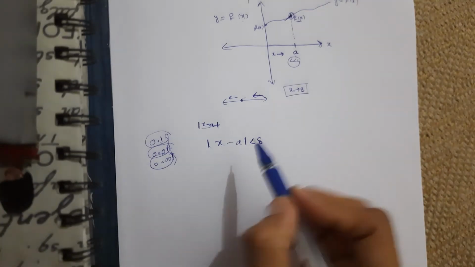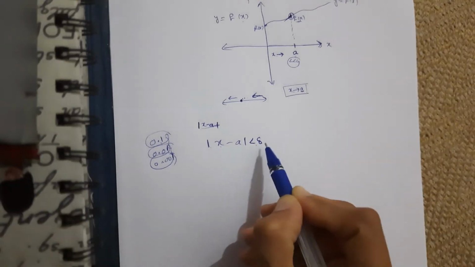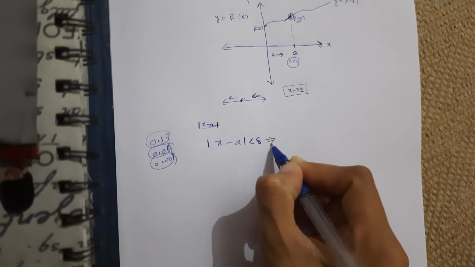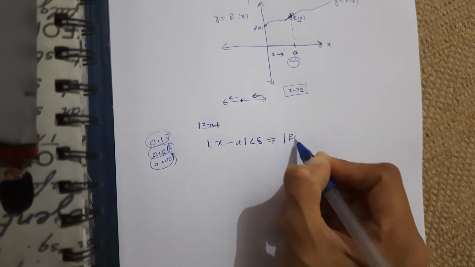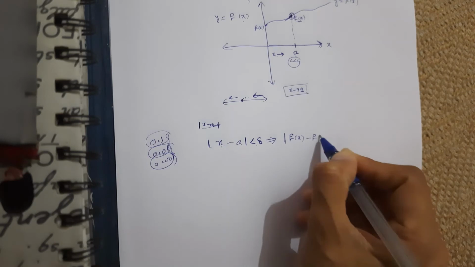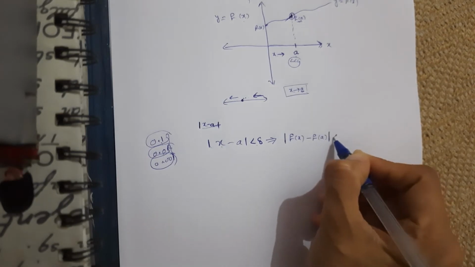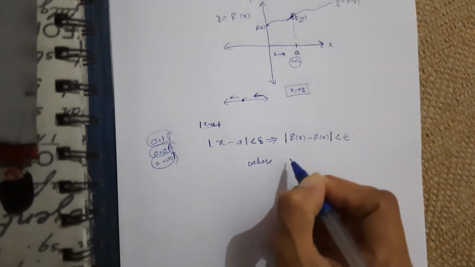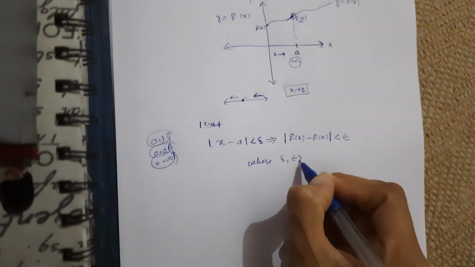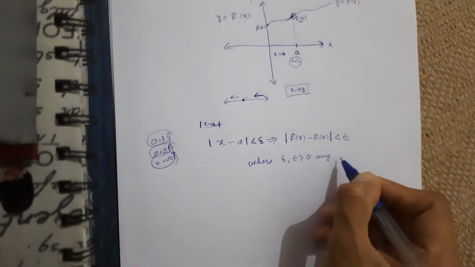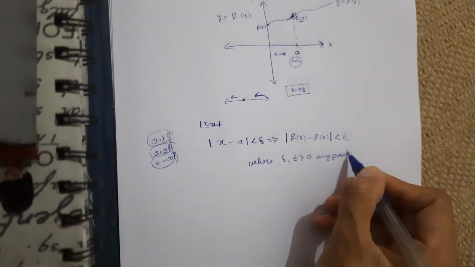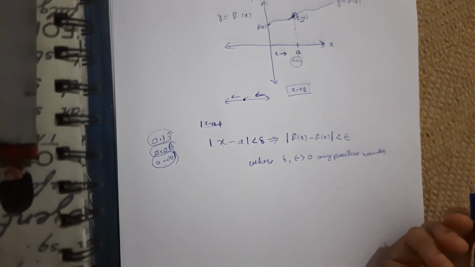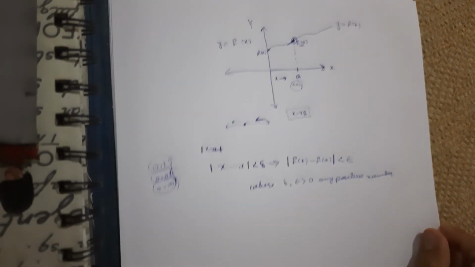So what I am saying, the distance between x and a becomes smaller and smaller, at the same time the distance between f of x and f of a is also becoming smaller and smaller, where delta and epsilon are any positive numbers. Is that clear to you?